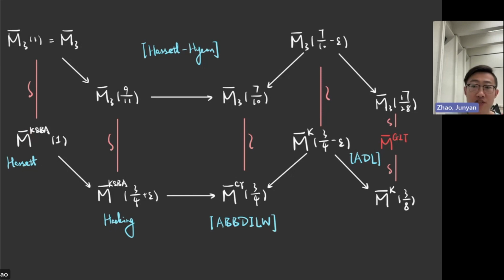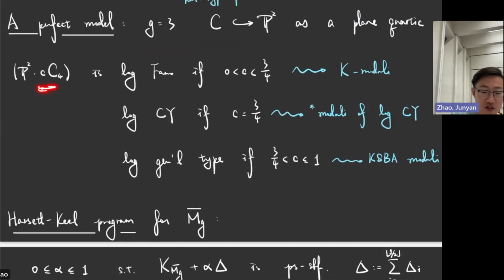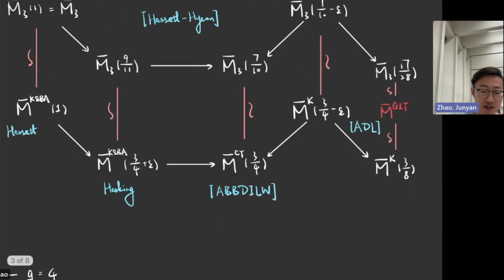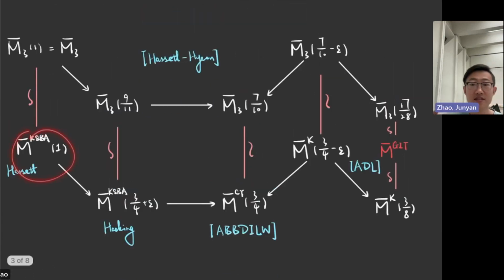But on the top, they study the pairs. Remember, here we have a coefficient c. When c is equal to 1, Hassett studied this KSB moduli of P2 together with a curve with coefficient equal to 1, and this is isomorphic. And Hacking studied the case where c equals 3/4 plus epsilon, which is a little bit after the log Calabi-Yau threshold.